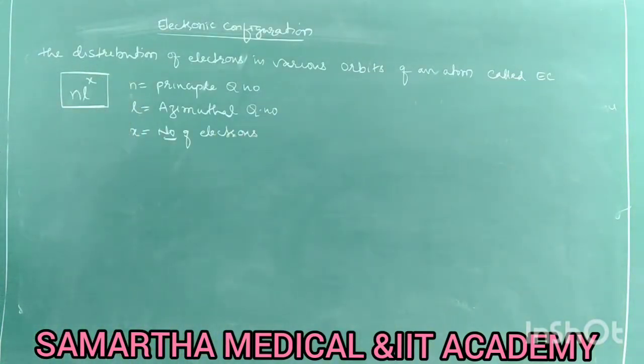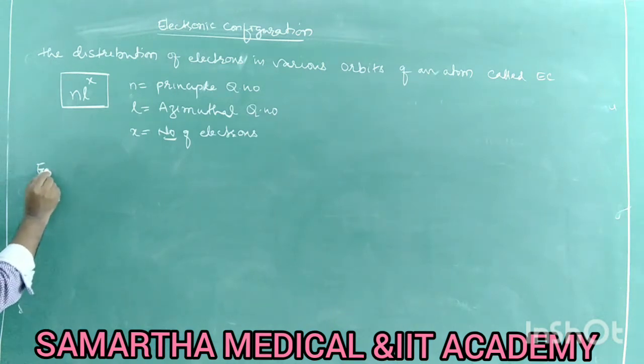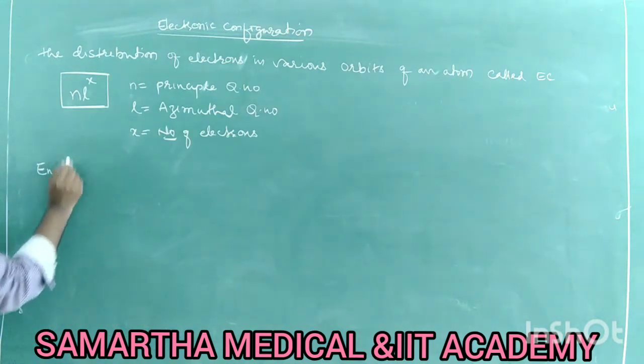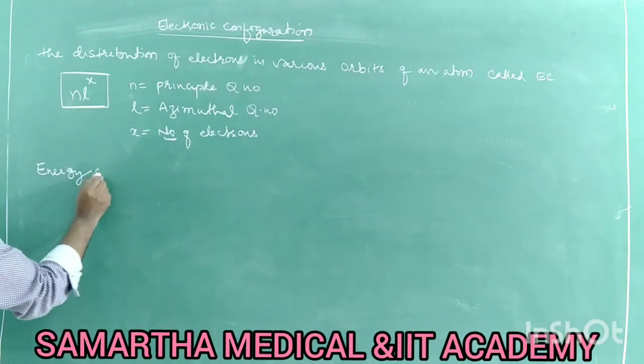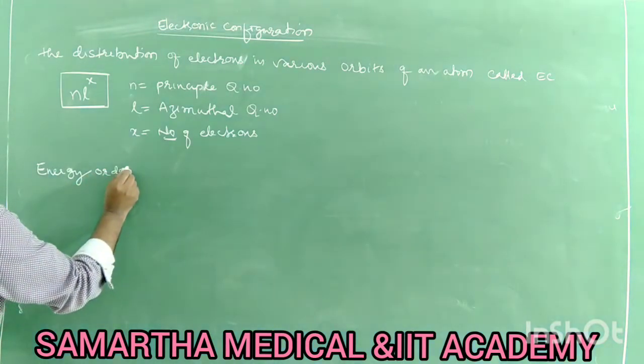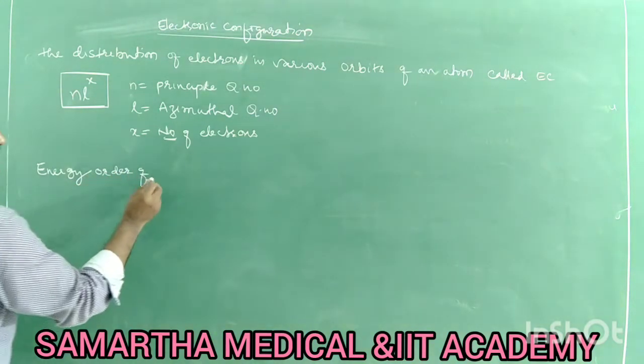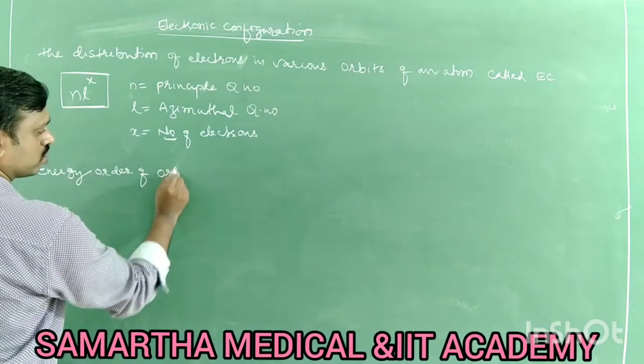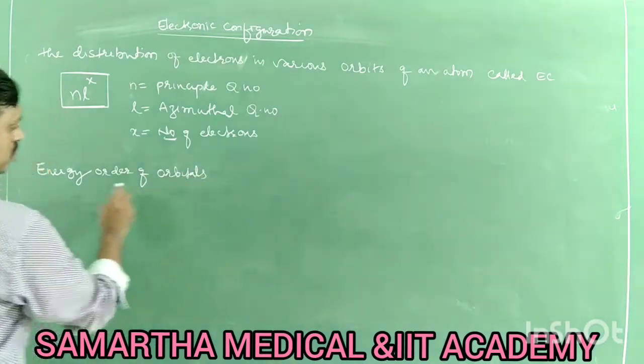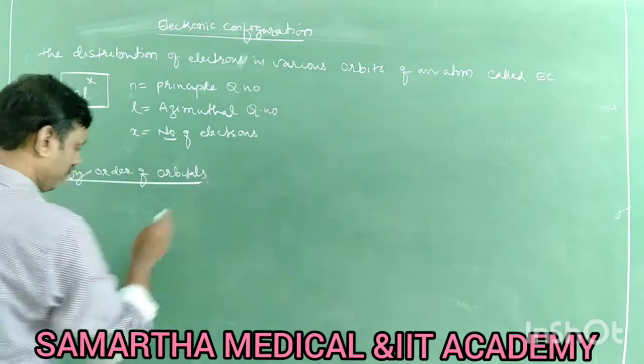As I told you, to write electronic configuration you must remember the energy order of orbitals. So what is the energy order of orbitals?